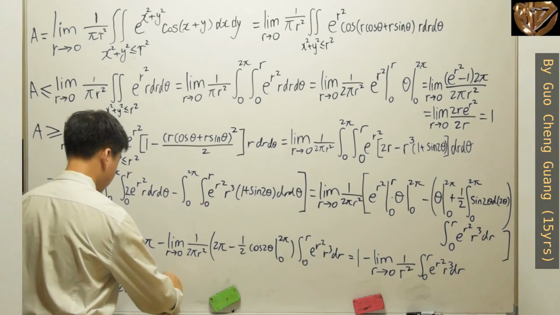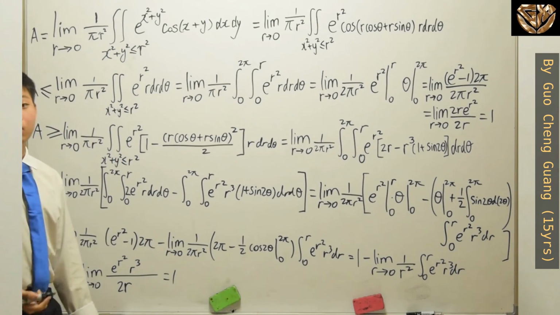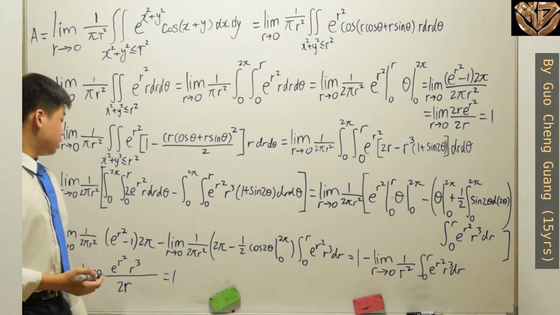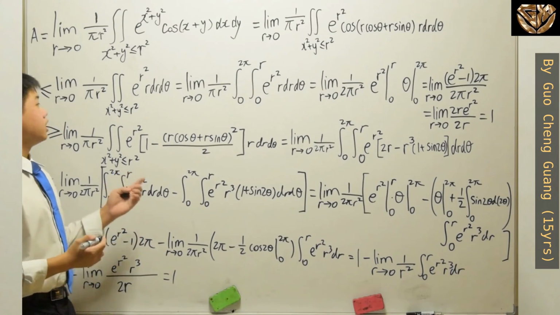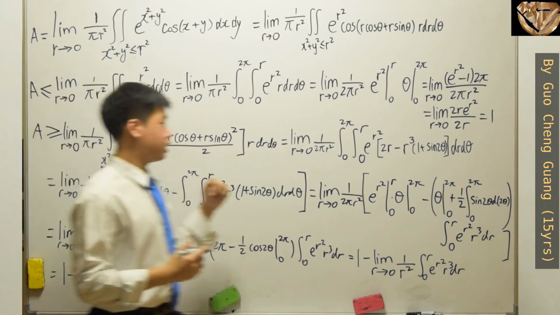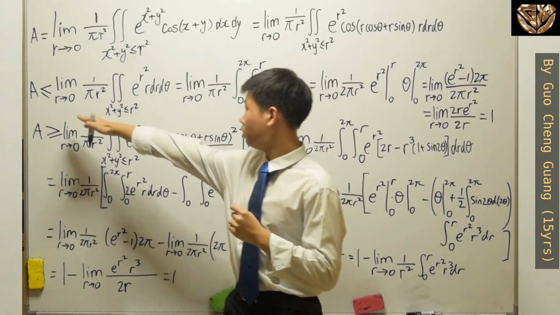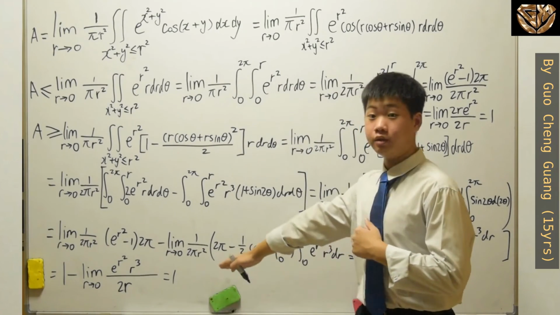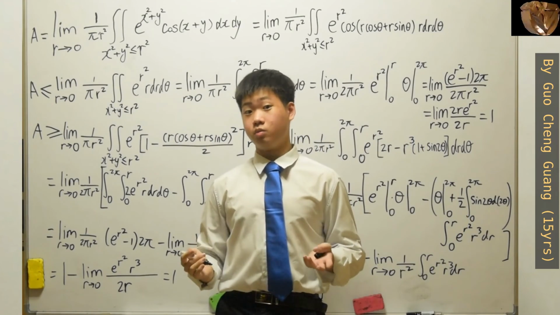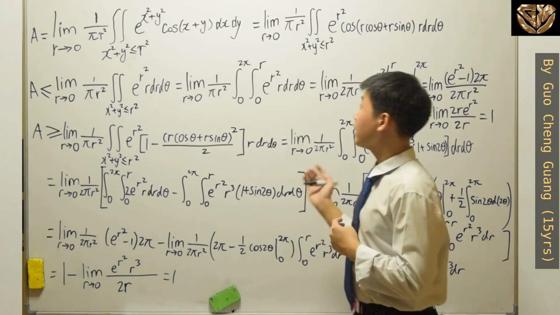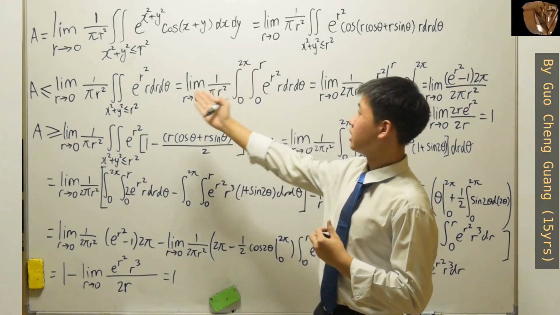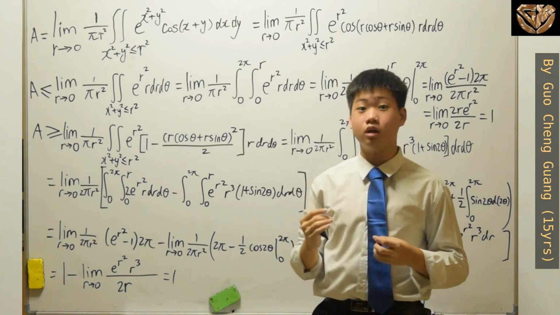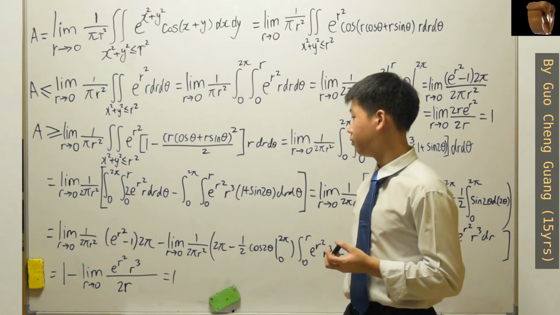So at last, what you have is a 1, okay? So now, when you have something that is smaller equals to 1, bigger equals to 1, what does this term have to be? Well, of course, that means this entire limit and integration here would be equal to 1.